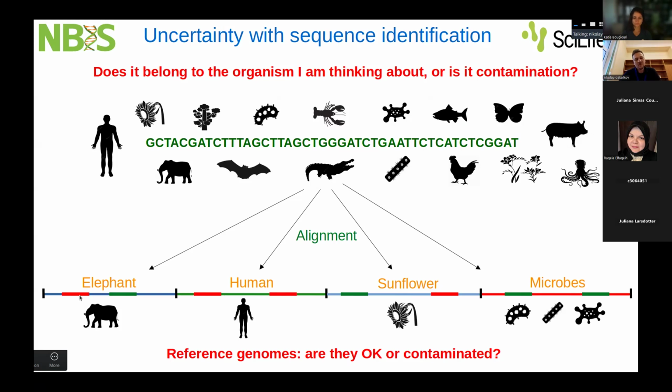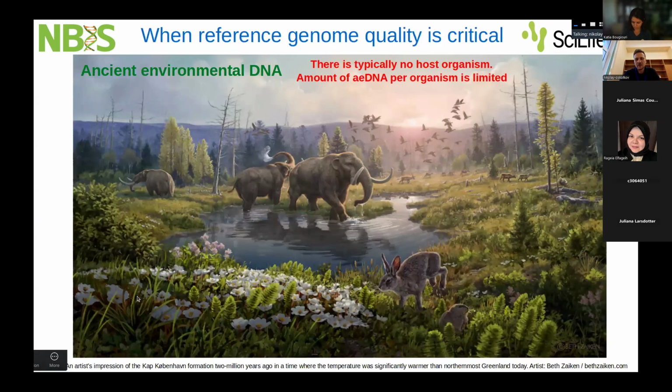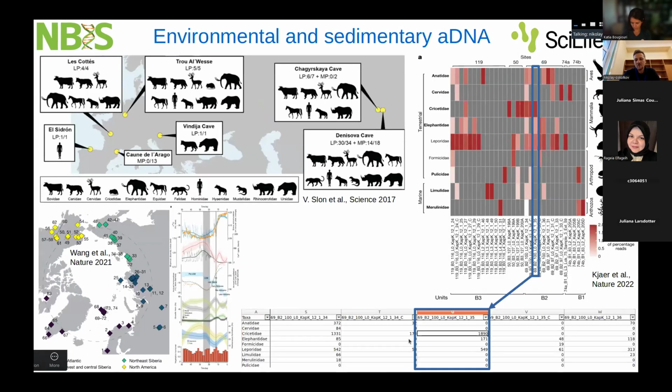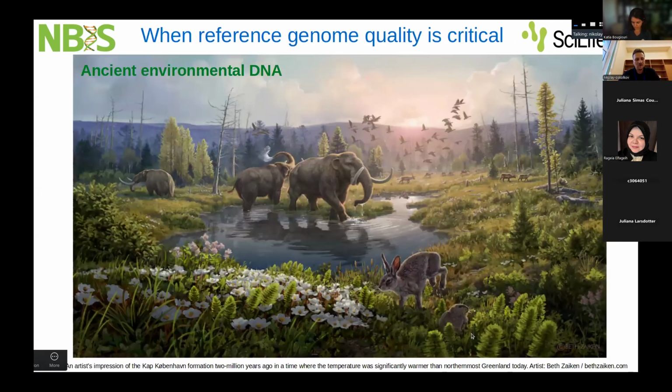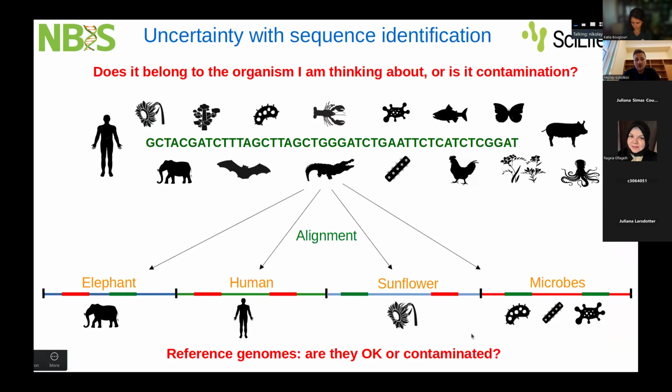Imagine that maybe 0.1% of the elephant reference is exogenous. Are you sure that these couple of hundred, couple of thousand reads are not coming from those very few exogenous regions, but from the endogenous regions? That's a good question to ask.